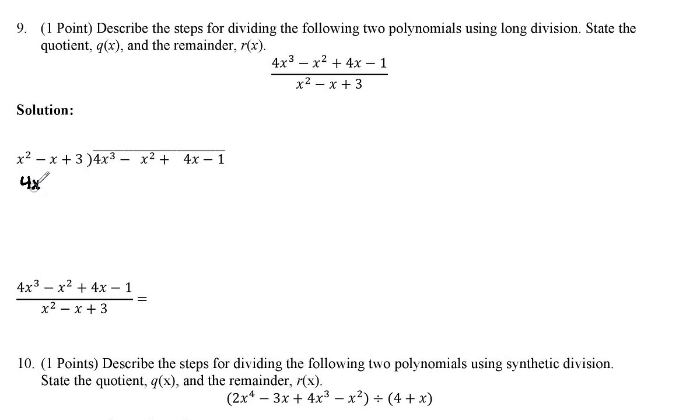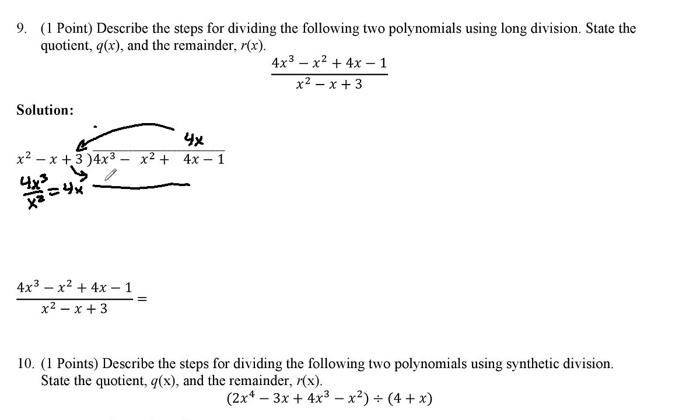So 4x cubed divided by x squared leaves us 4x, and so that goes up here in the x column, and then you do 4x times what's out in front, and then you bring that down here and you subtract.